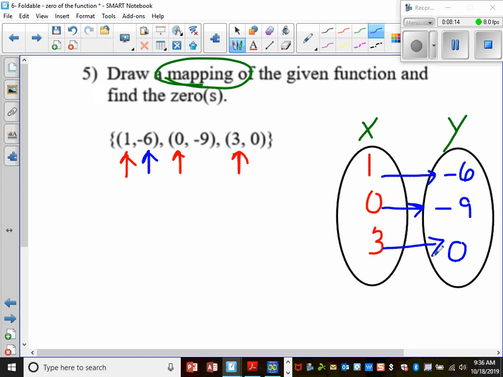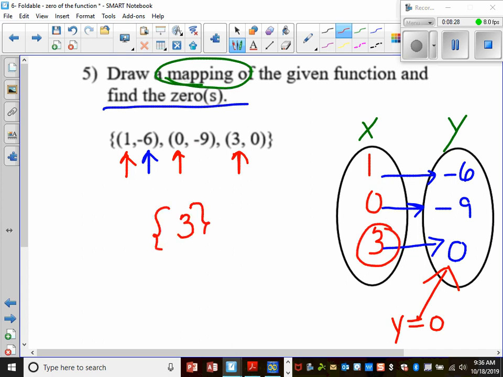Now, it's asking for the 0 of the function. So I simply look in the table, look where y is 0. So that has to be the x-intercept, which is 3. Okay. So as you can see, there's not a whole lot of computation unless you have an equation.